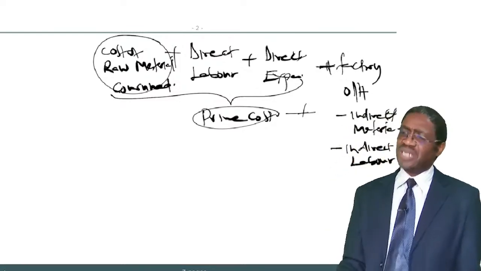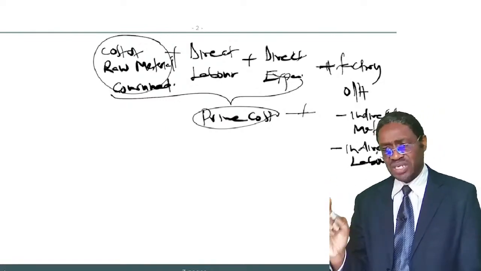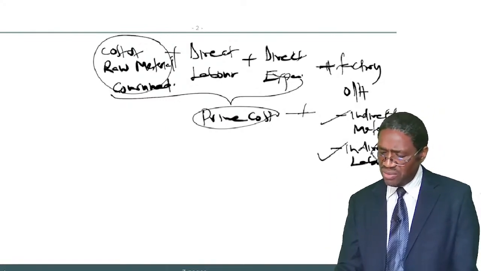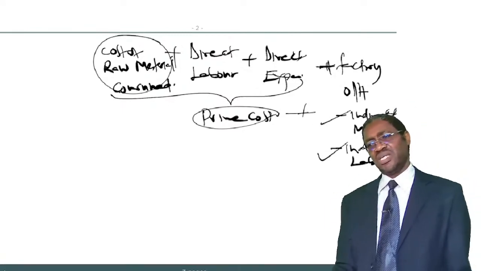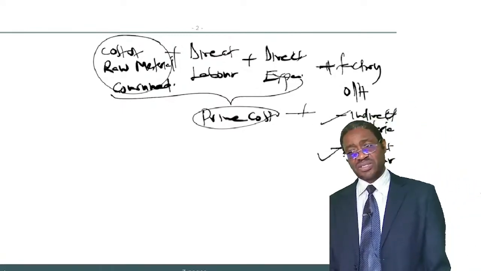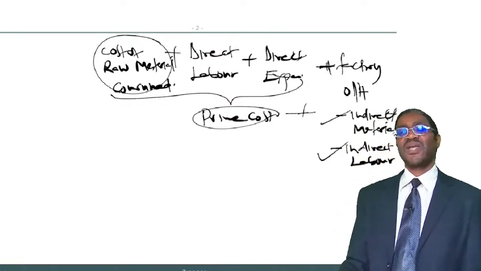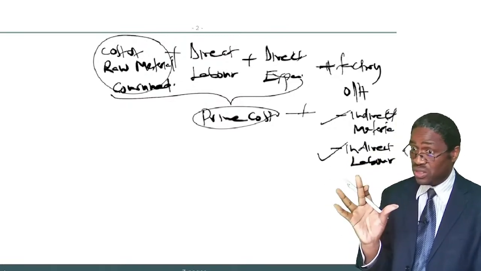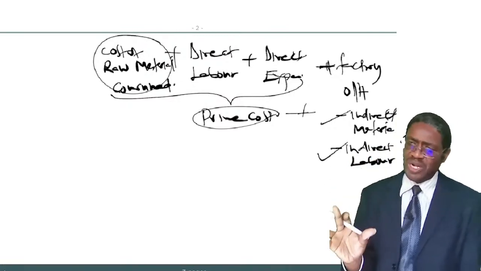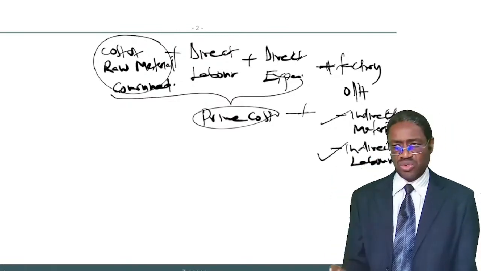Now I am adding others like indirect materials, indirect labor and any other factory overheads. Good. So to get the cost of production in the factory, that's what you do.